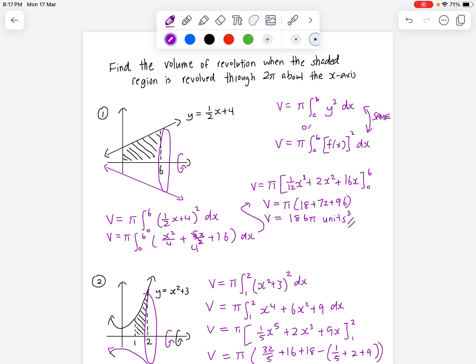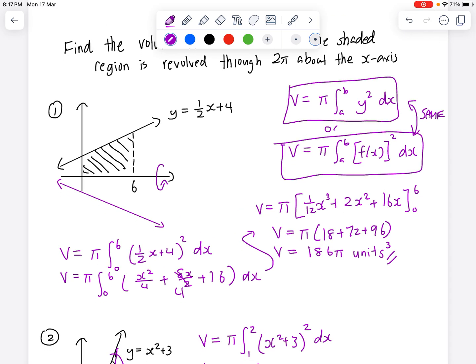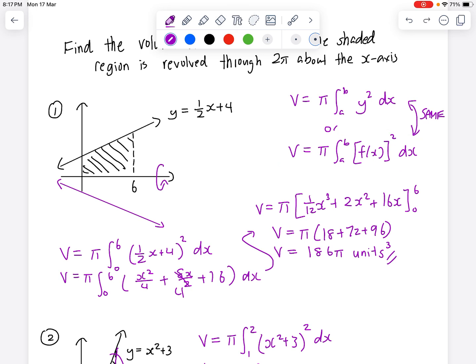So it will look kind of like a cone shape. And the formula, remember, is pi times the integral from a to b of y squared, or f of x squared, same thing. But yes, that's the main idea.